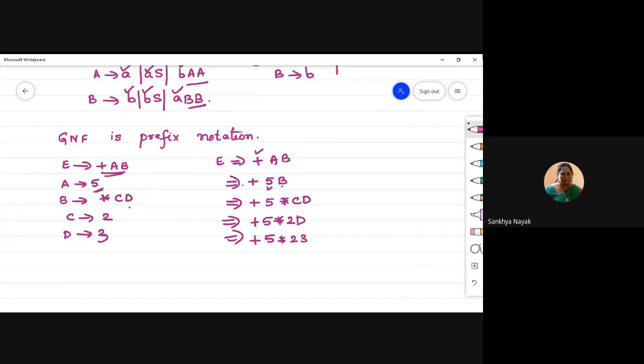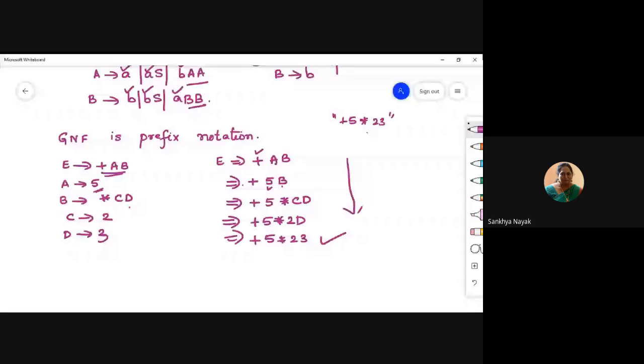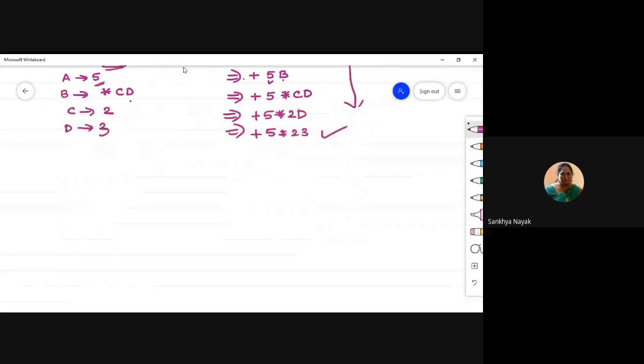Parsing is very easy, right? And you can derive this W. If the W was given initially, as in can we generate W, star 2, 3, this is the method we follow to tell yes, it can be generated, by taking the Greibach normal form. So a few more advantages are that the strings can be quickly parsed.